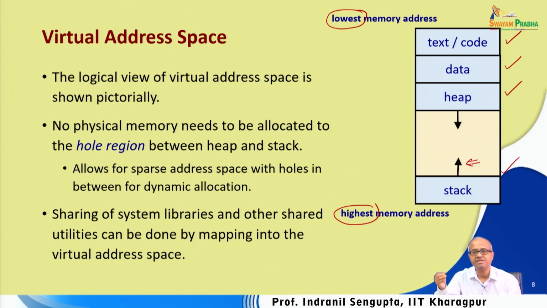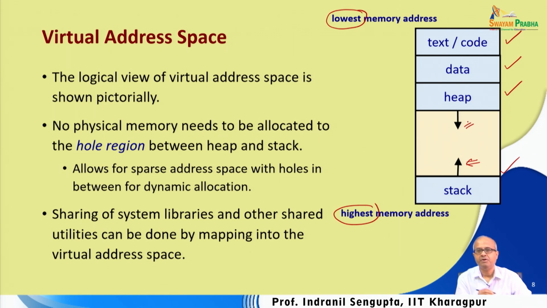And heap is a place where you dynamically allocate memory. For example, in C you can use malloc or calloc to dynamically allocate memory. It is created in the heap area, and the heap area will be growing in the other direction, from the lower to the higher memory address.